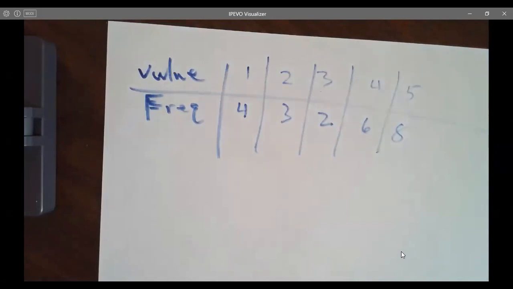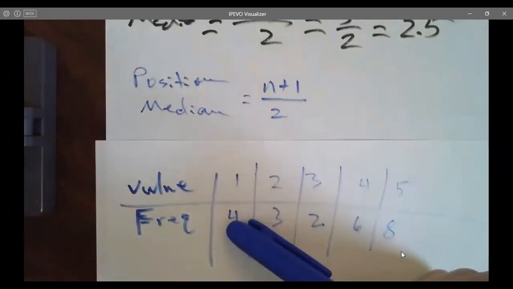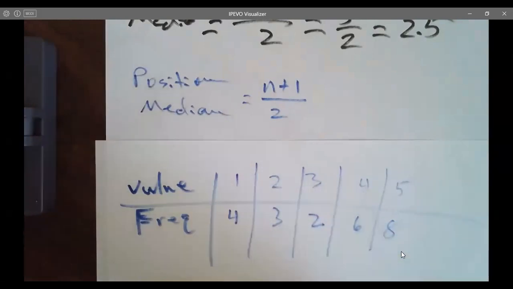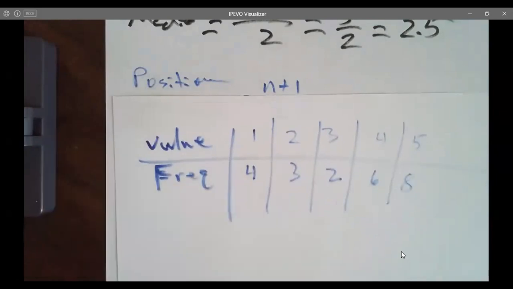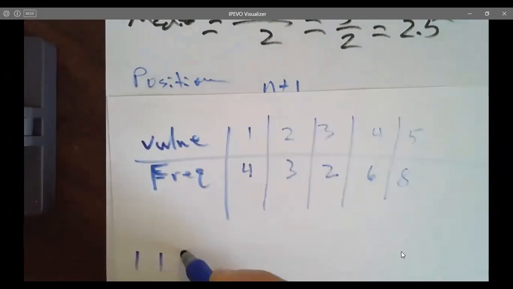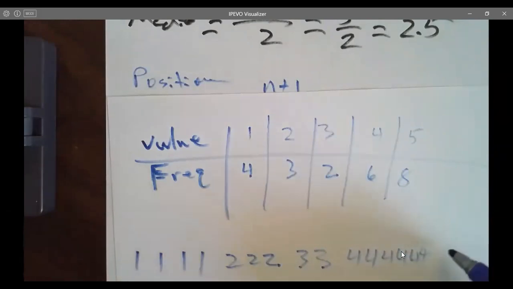And so looking at our position median, n is the total number. If we were to write all this out, we'd have 4 ones, 3 twos, 2 threes, 6 fours, and 8 fives.